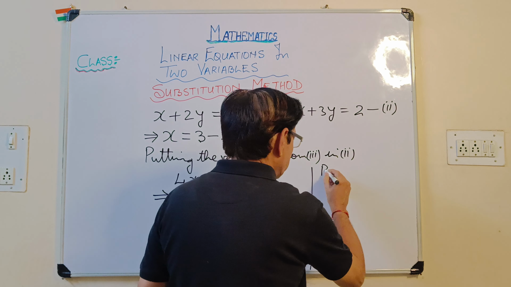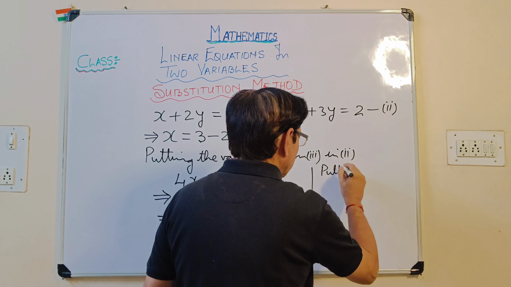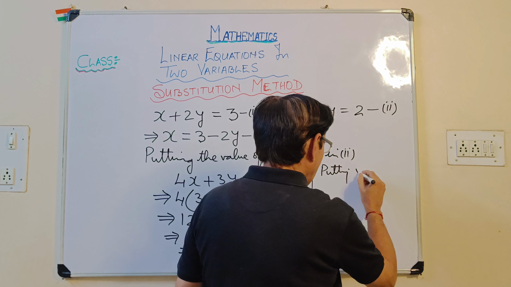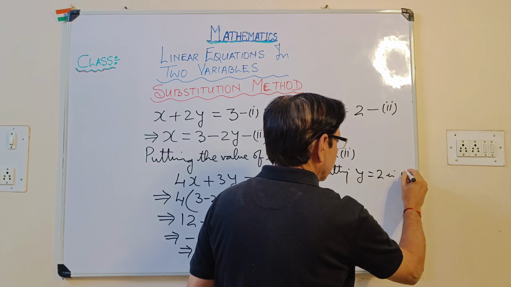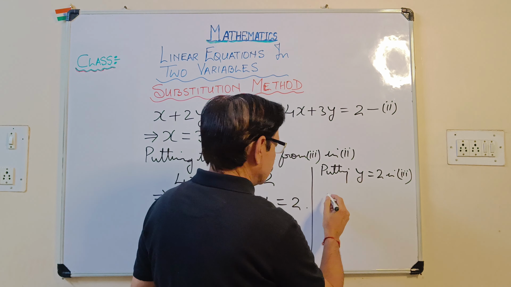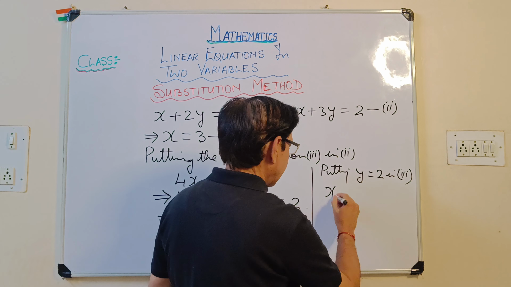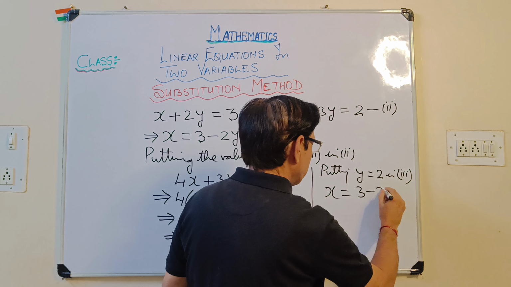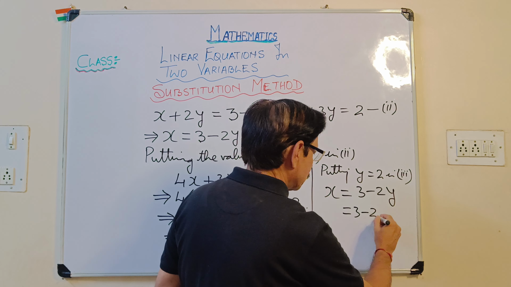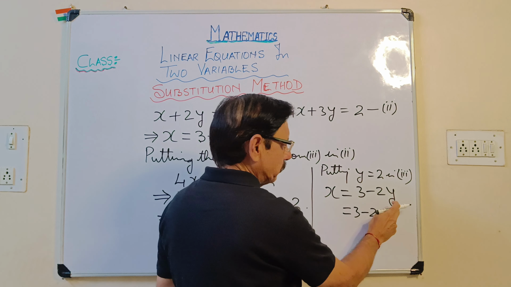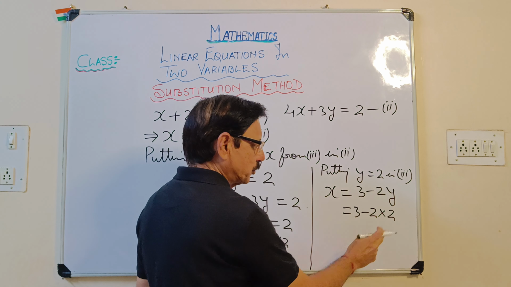Now here I can write that putting y is equals to 2 in third. So what is third? That x is equals to 3 minus 2y, or that is equals to 3 minus 2 into 2. In place of y we can replace it with 2.